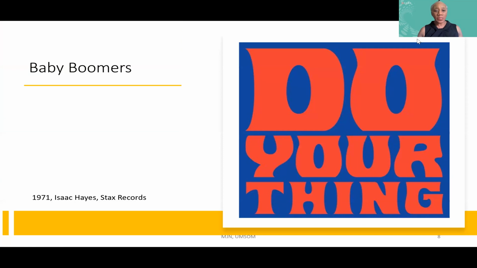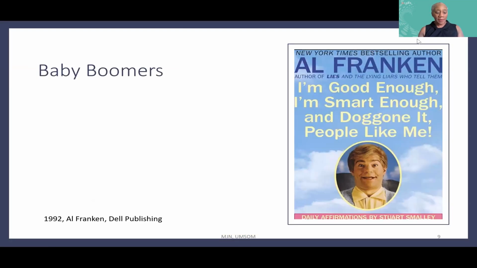For example, do your thing. Live, act, behave as you want without attention to other people's opinions. Self-affirmation and self-help. This SNL character, Stuart Smiley, of an undefined age, reminded us that I'm good enough, I'm smart enough, and people like me.